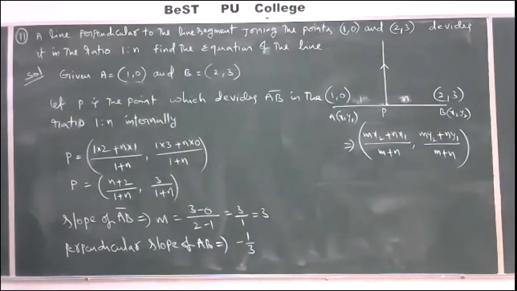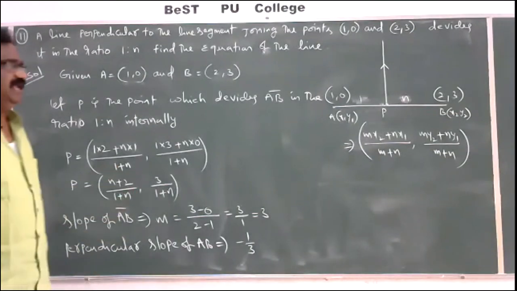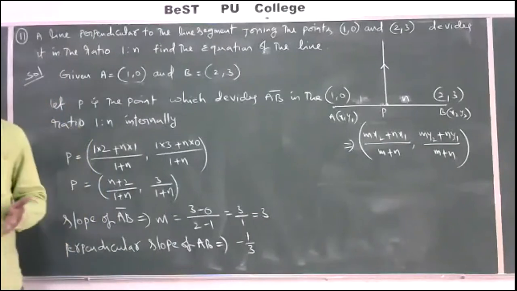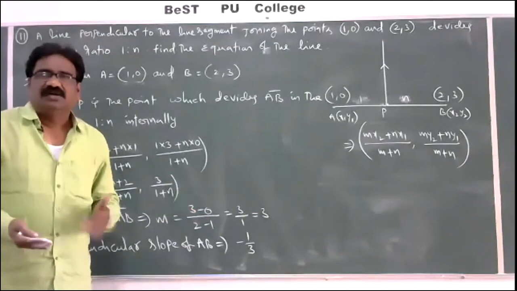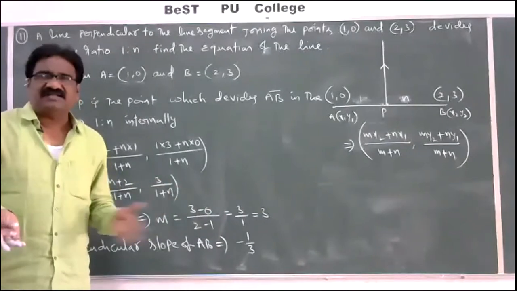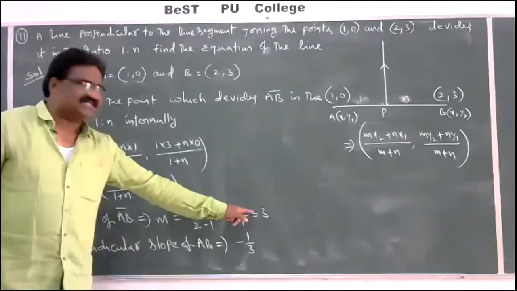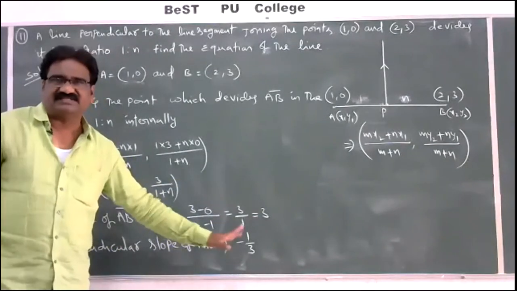The perpendicular slope of AB is minus 1 by 3. The slope of AB is 3, then the perpendicular slope is the reciprocal of the AB slope, 1 by 3. Since plus is there, you put minus here, minus 1 by 3.